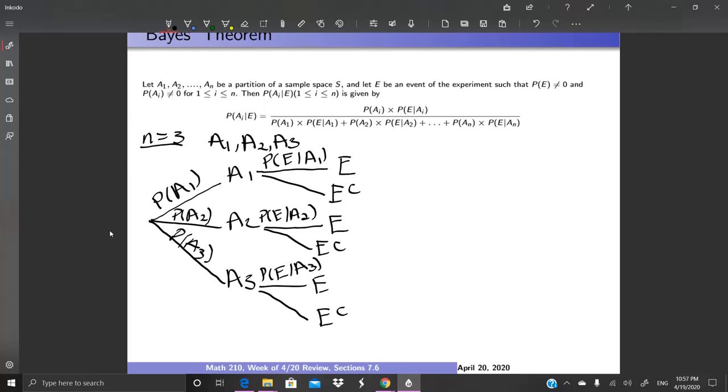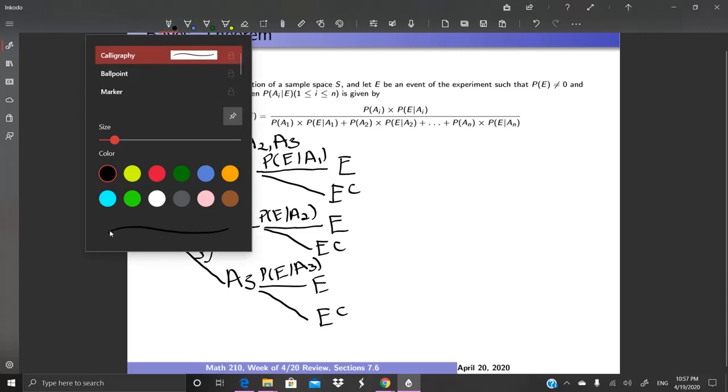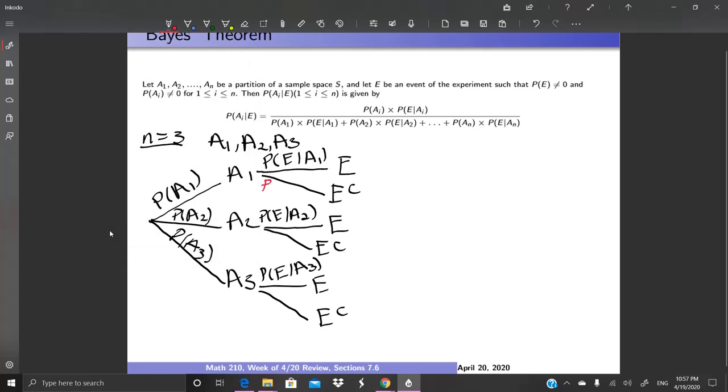And then for these, I'll do this in a different color maybe. This right here will be the probability of E complement given A1. Over here, you'd have the probability of E complement given A2. And this is the probability of E complement given A3, right?